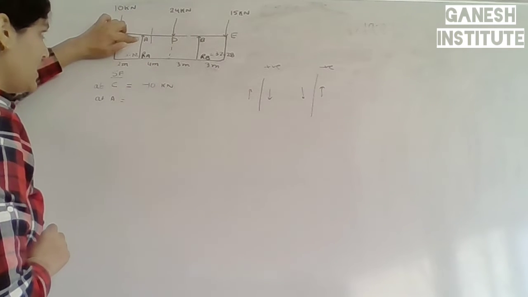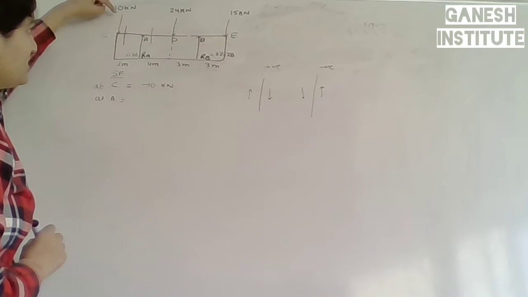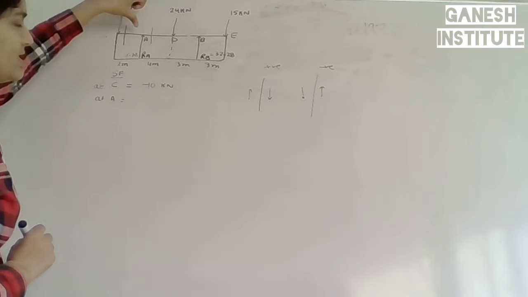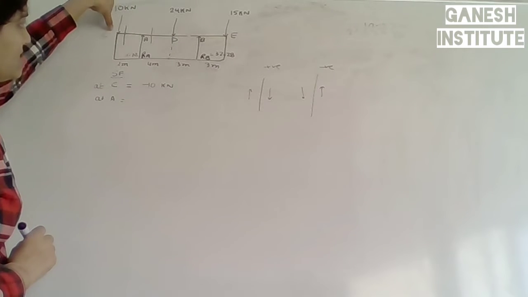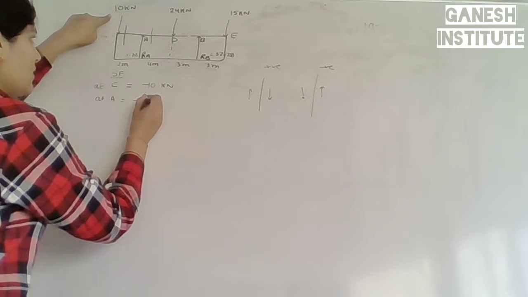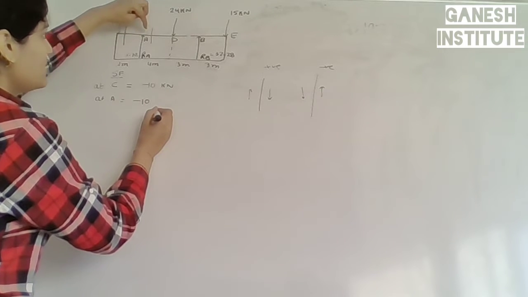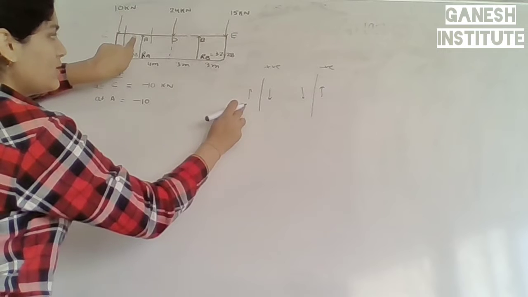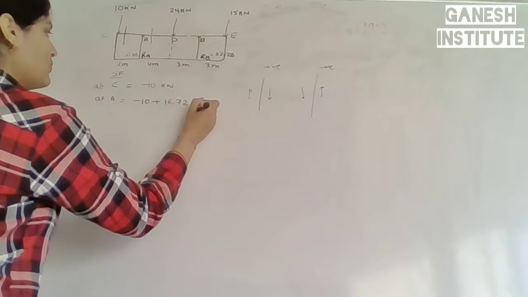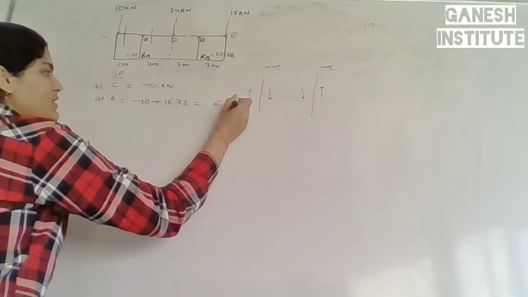So at point A, this is C. You have to take all the points on one side. So this is at the left of the surface, so minus 10, plus this is the left of the surface but upwards, so positive RA. RA means 16.72. So it will be 6.72.